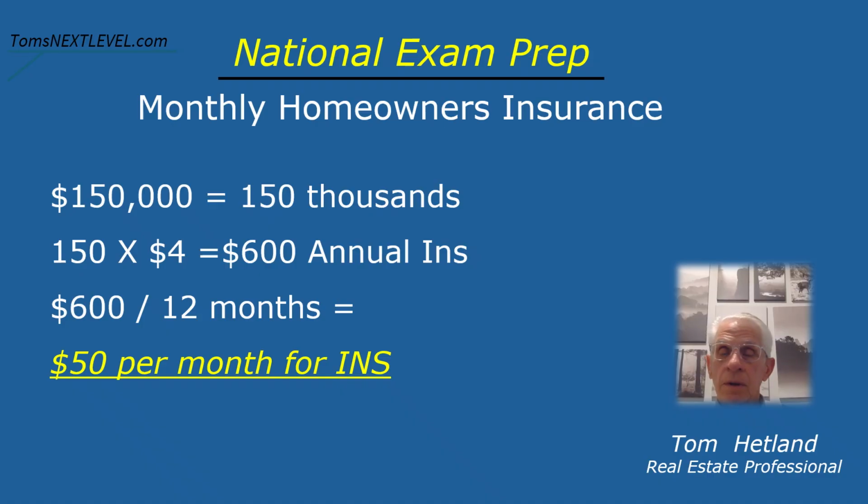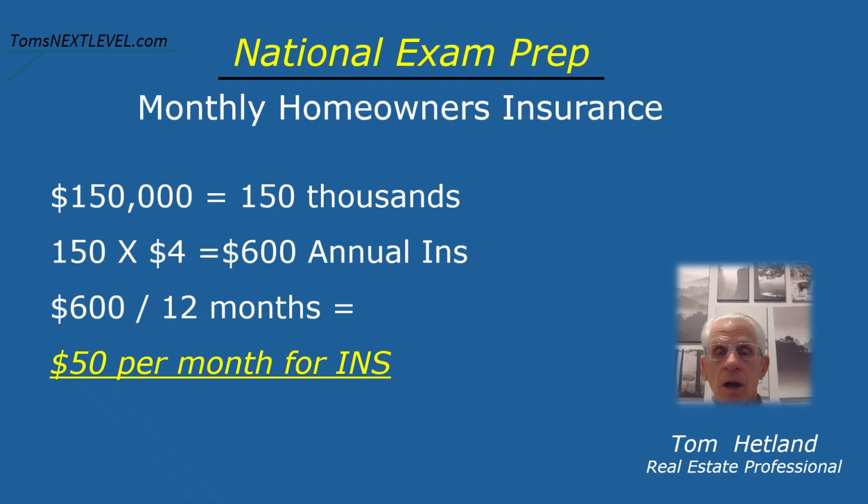Now, just like we did with our payment factor calculation, we have to break down the value of the home into how many thousands of dollars are there in this home value. $150,000 home value equals 150 thousands.